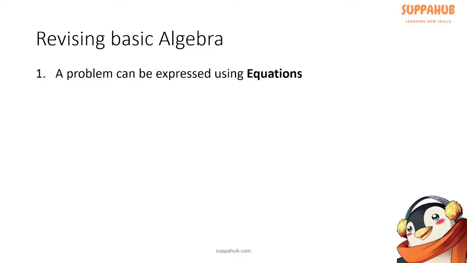Let's go through some basics on algebra. To use algebra, we want to solve the problems that we are given by writing down equations. So what do I mean by equations? Equations are simply like a plus b equals to 3.